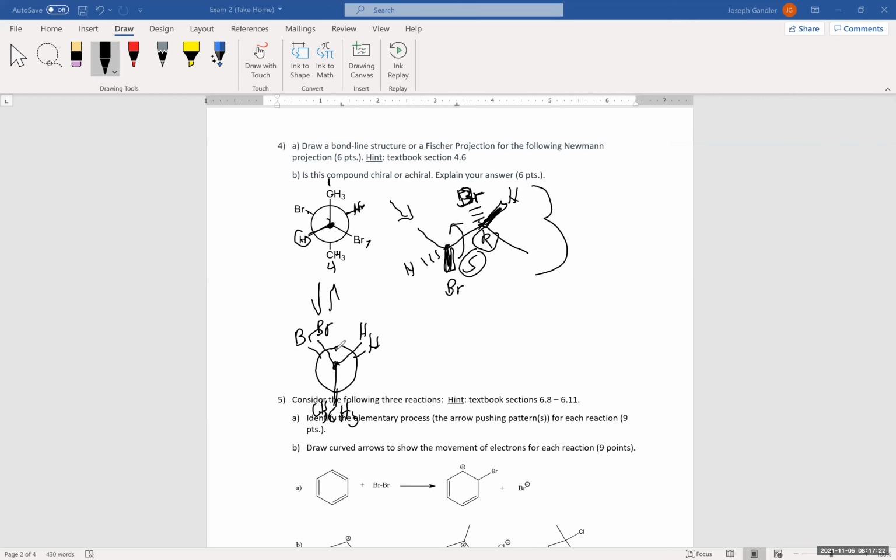So you have a bromine on either side of the plane, you have a hydrogen on opposite sides of the plane, and you have 2 methyls. So even though this compound has 2 chiral carbons, it's achiral. This is the plane of symmetry, and it's an example of an achiral meso compound. Okay. So I hope that is helpful, and we're going to erase this and go on to the next question.